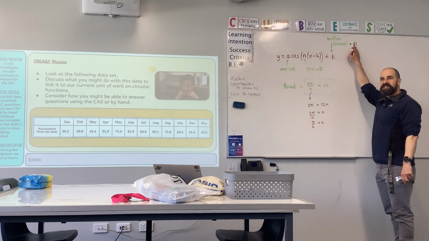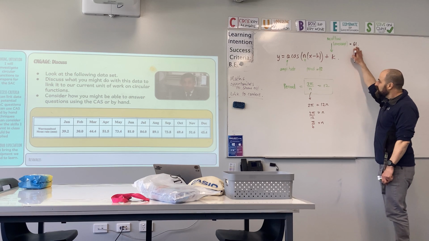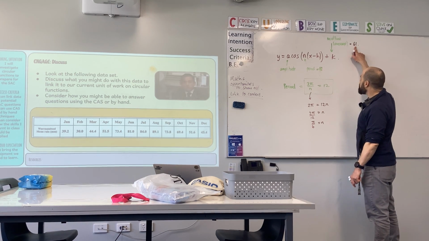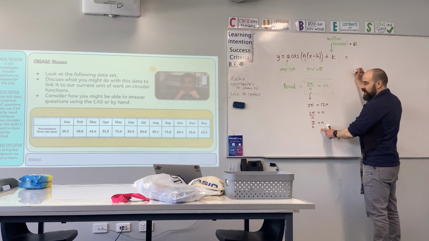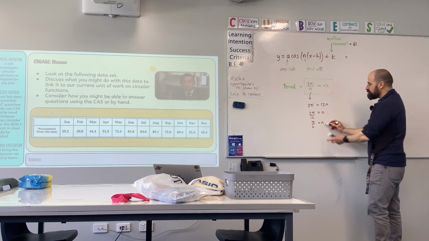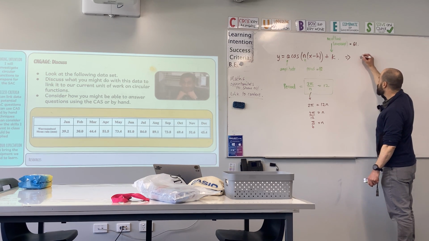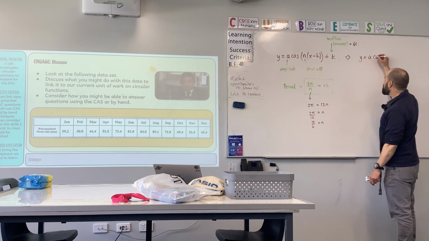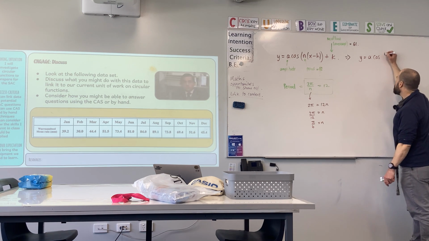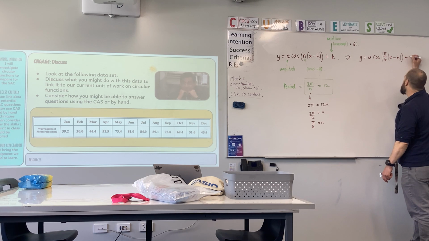If we find the average, that's our midline, that's the average rainfall for the year. We've just said that we've found that it's 61. And we've got n is pi on 6. So we can actually start putting together our equation and say, well, maybe it's y equals something, I still haven't thought about the amplitude, but it makes sense to have pi on 6 and then x minus something, plus 61.